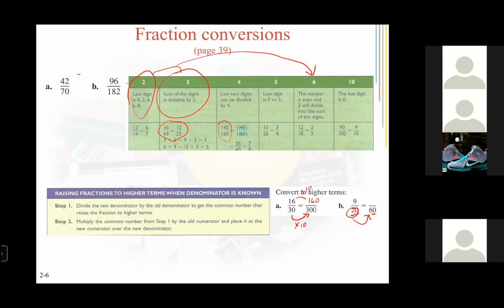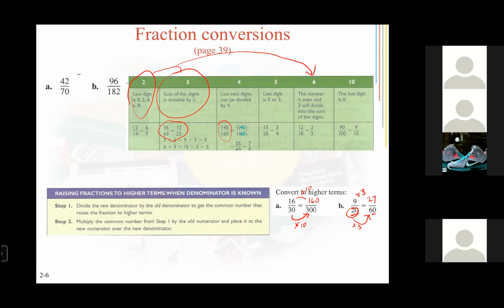So if you have to multiply 20 by 3 to get the 60, the same principle must be used to find what the new numerator is. So you're going to multiply this 9 by 3. 3 nines are 27. So your numerator is going to be 27.